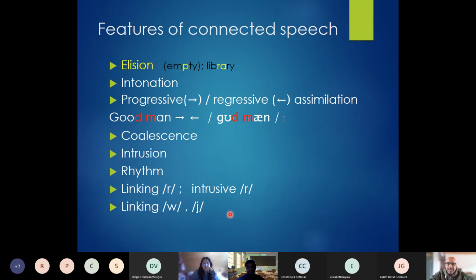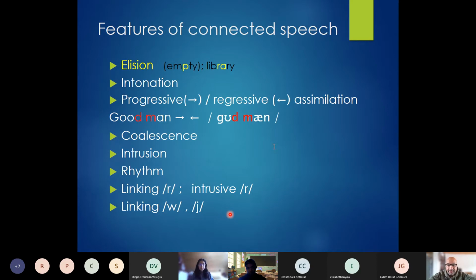Good man. So you say "good", and then you have to say "man". "Man" starts with /m/, which is a voiced bilabial nasal sound. Yes, voiced bilabial nasal sound. And we have /d/, which is also voiced, which is a stop or plosive.